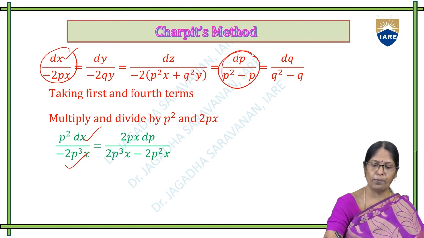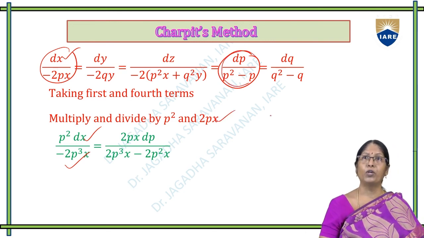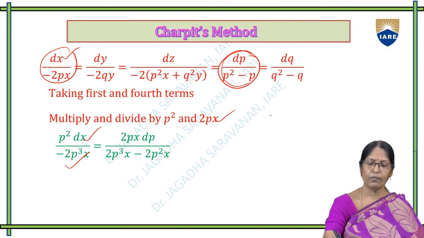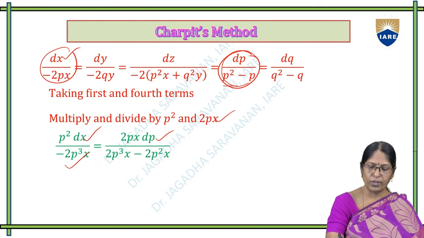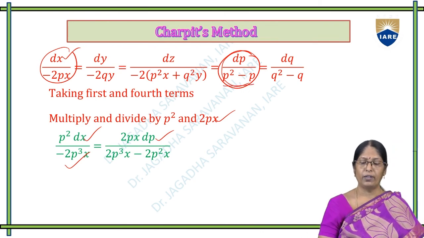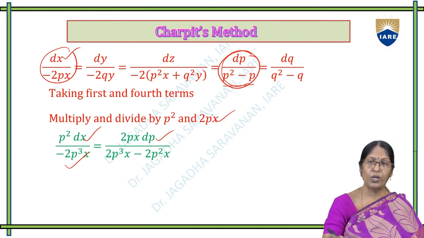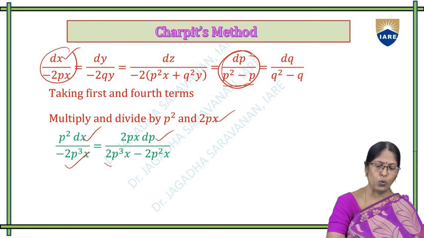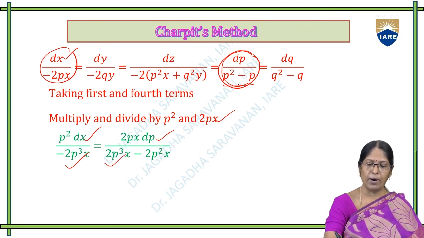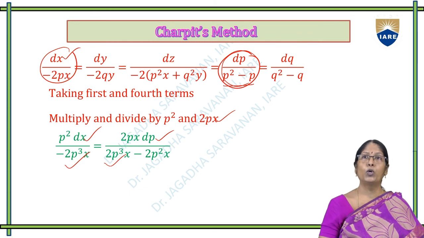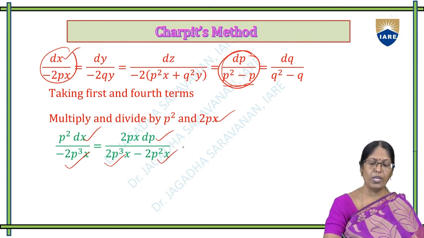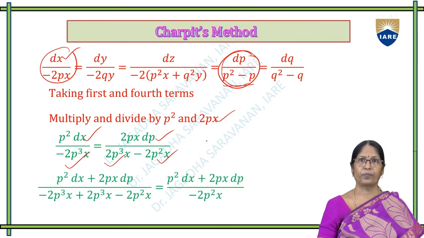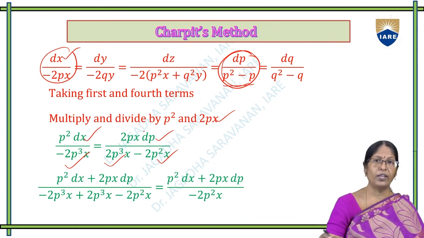And the fourth member we multiplied by 2px. So 2px dp. Here also the denominator p square minus p into 2px, so 2p cube x minus 2p square x. Now we are adding the numerators put together.